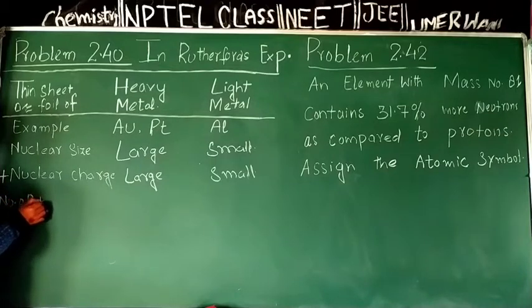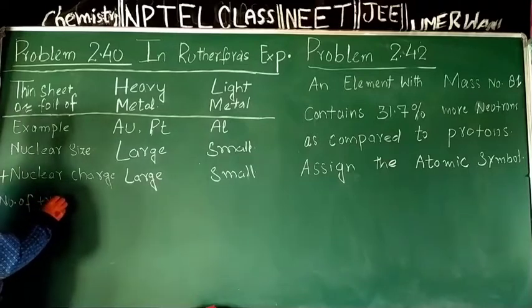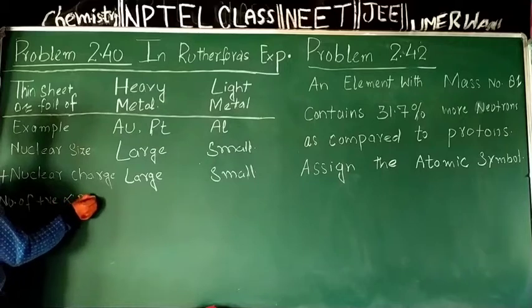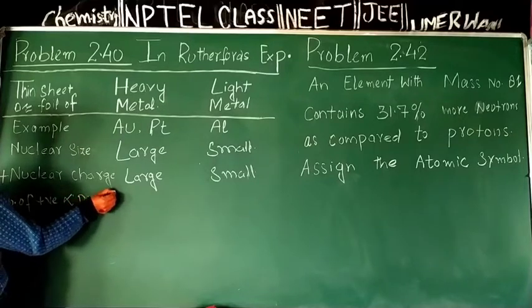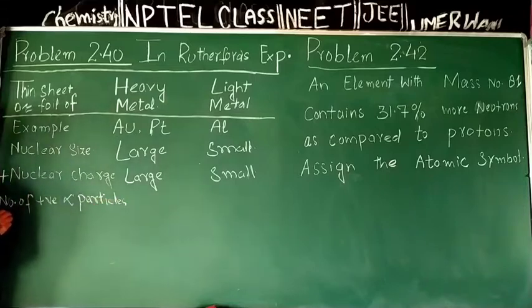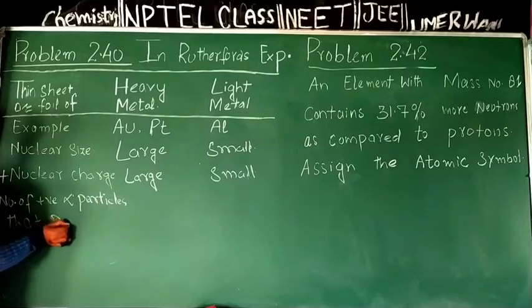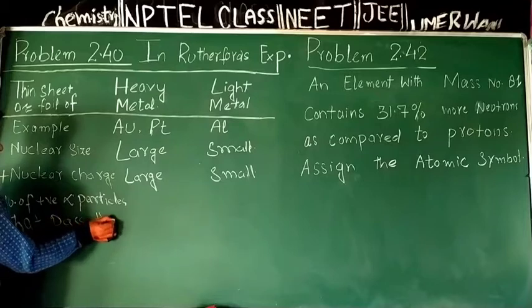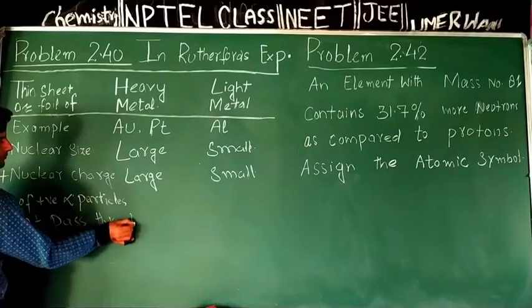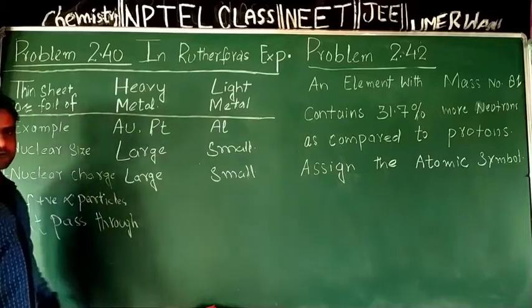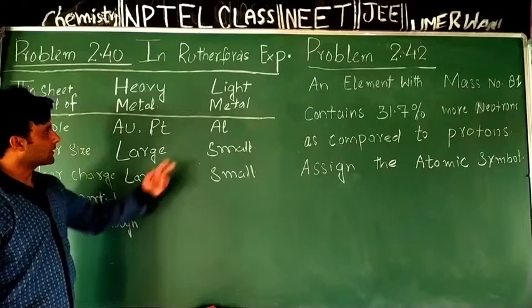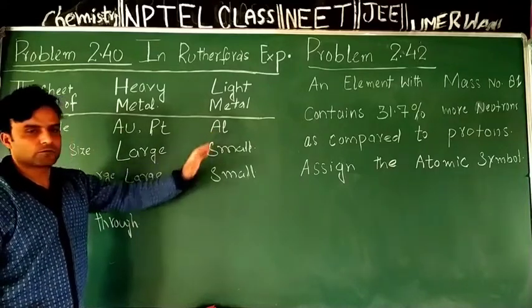number of positive alpha particles that pass through atom of gold or platinum, or that pass through atom of aluminum.